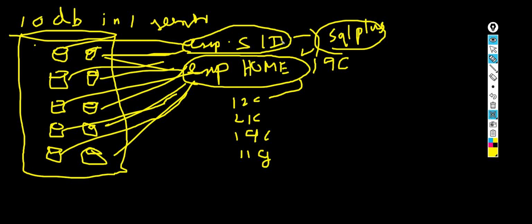Then we go for the second one, we export SID, Oracle Home, then again connect to SQL Plus. Likewise we need to do this for all these databases one by one.